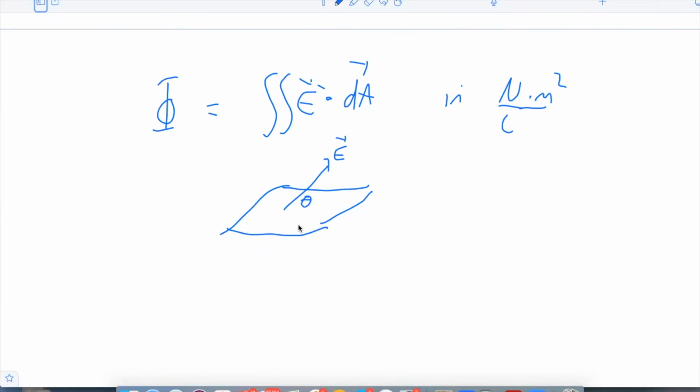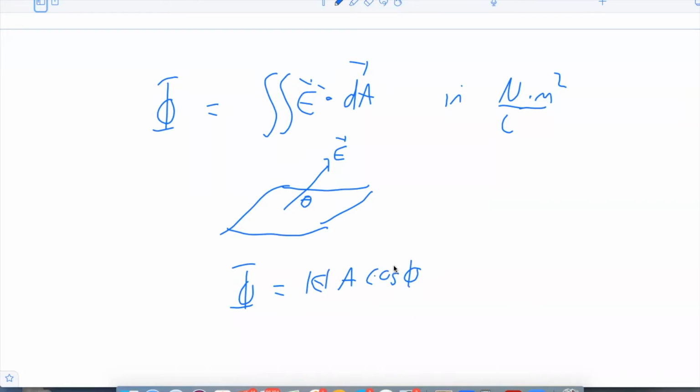So if E is constant and A is constant, flux is magnitude of E, area A, times the cosine of the angle between E and the normal vector.